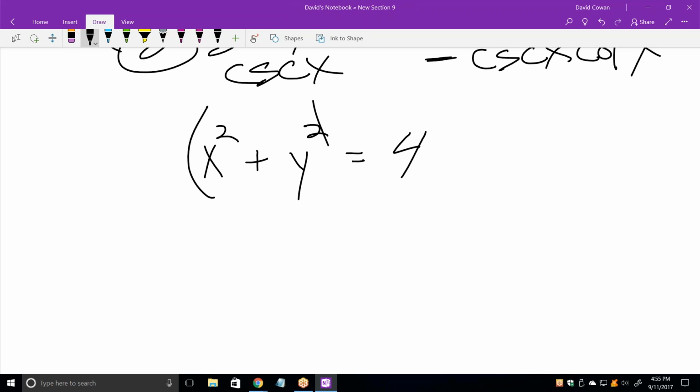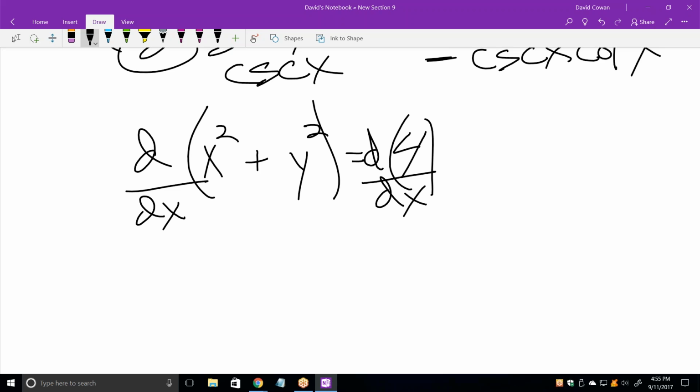So the left side, I'm going to differentiate that with respect to x, and the right side, I'm going to differentiate that with respect to x. Okay? Now, here's how you do it. You do it just like normal differentiation, unless you come across a variable that's different than that one, which y is.